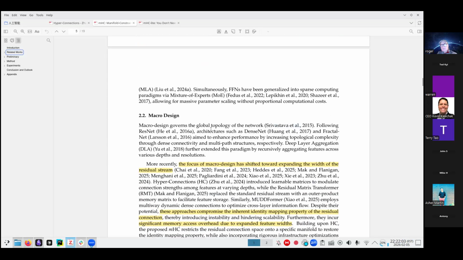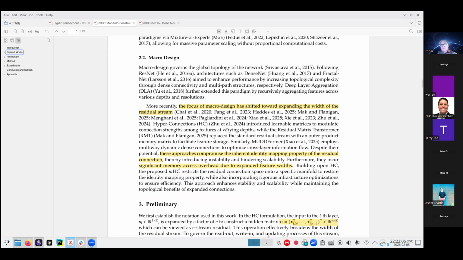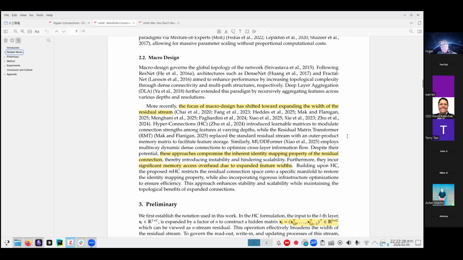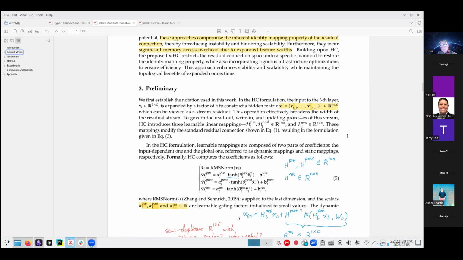For the macro design, I think they mean the connection pattern between the layers. I'm still not so sure why they brought this up. But I think they are saying that hyperconnection and MHC is a macro design improvement.